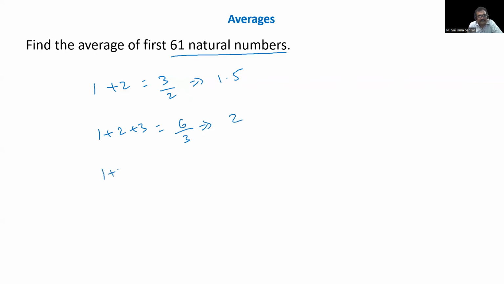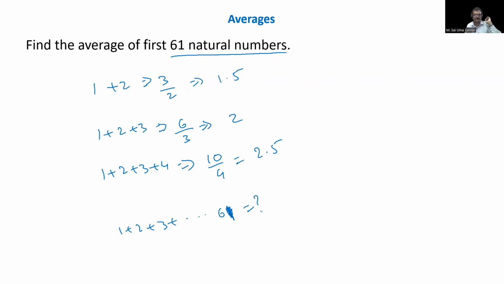Suppose first 4 natural numbers, 1 plus 2 plus 3 plus 4, that is equal to 10. 10 by 4, that is equal to 2.5. And so on, 1 plus 2 plus 3 etc. up to 61, then what is the answer?